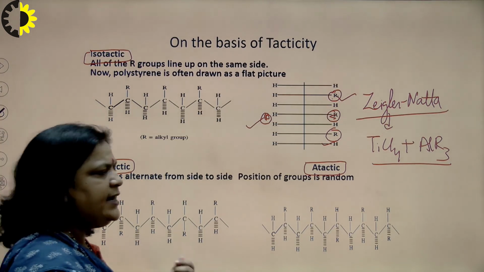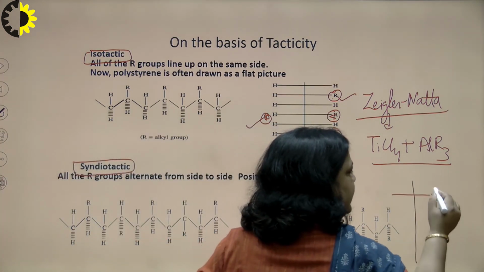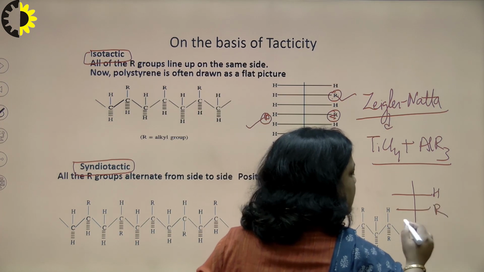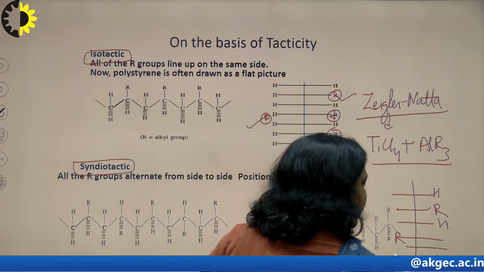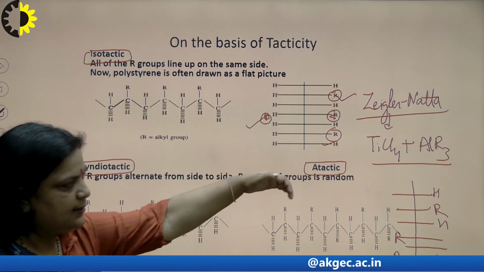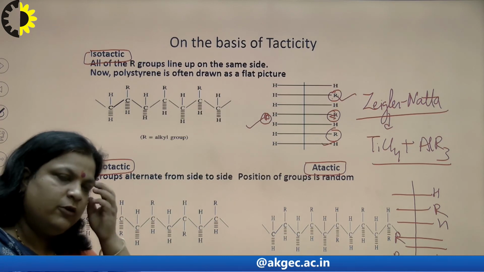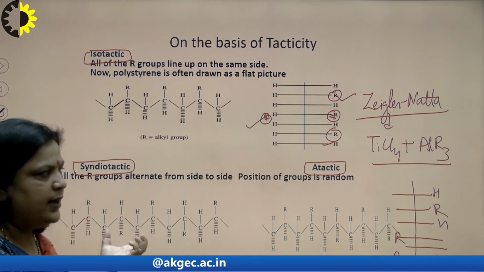Atactic means any type of arrangement. Suppose this is a polymer chain with H, R, but in the second we get R here, and in the third again we get R here. So in this case the arrangement of the groups is neither the same nor alternate, that is, random.